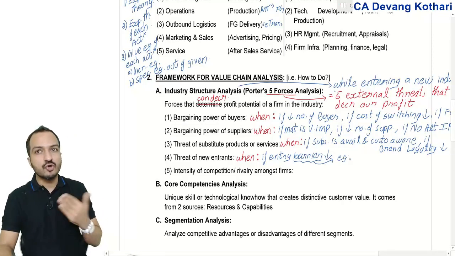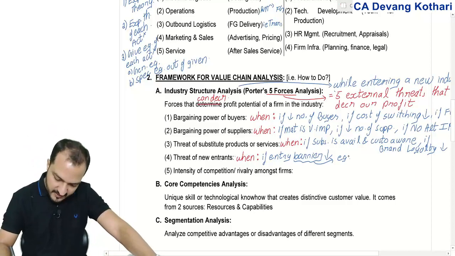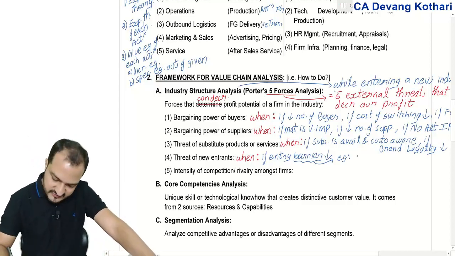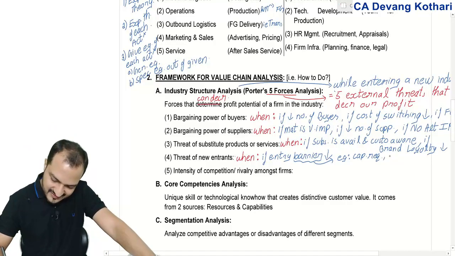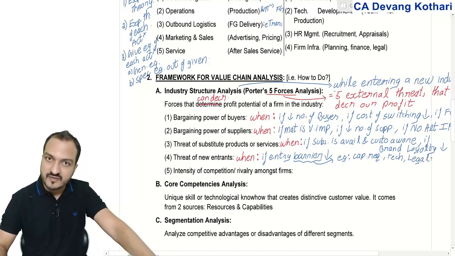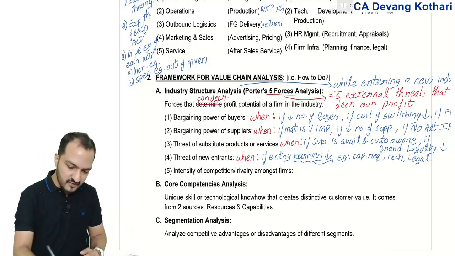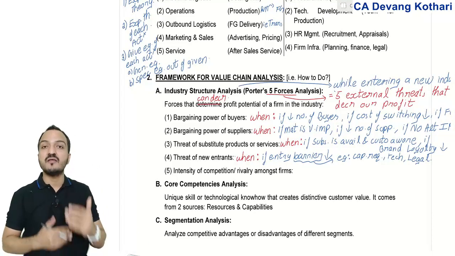The entry barrier could be, for example, the investment capital required. Entry barrier could be the technology required, or maybe legal barriers can be there. So basically, in various industries there can be entry barriers.